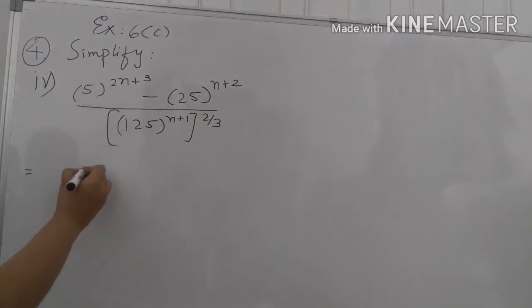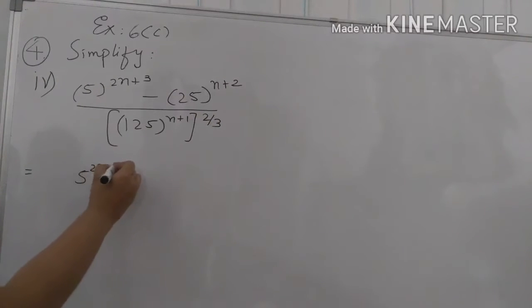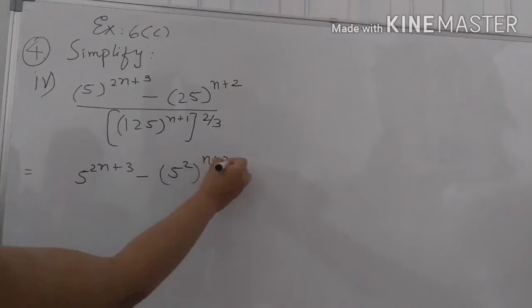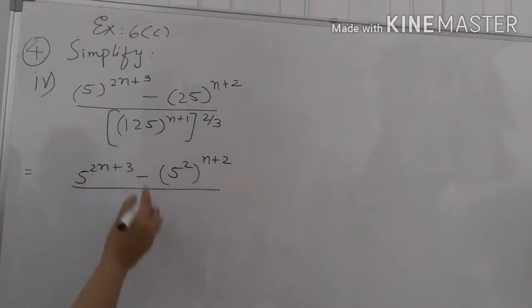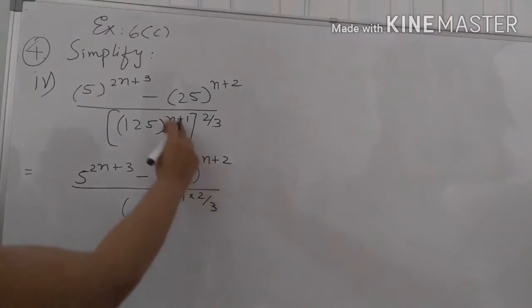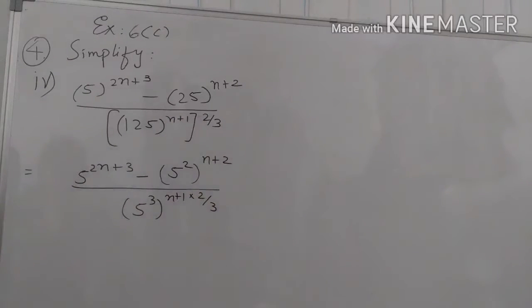Now here is 5, 2n plus 3 minus, instead of 25 we can put 5 square and whole power n plus 2. In the division, instead of 125 put 5 cube, n plus 1, into 2 by 3. I just take this bracket open so that it is easier now.